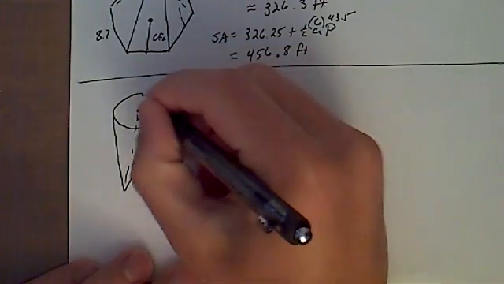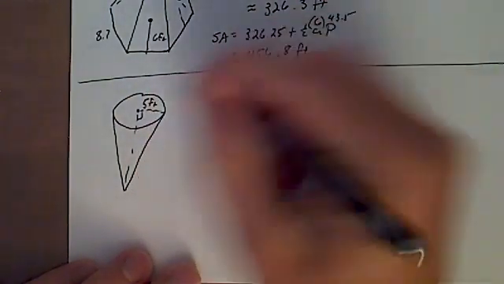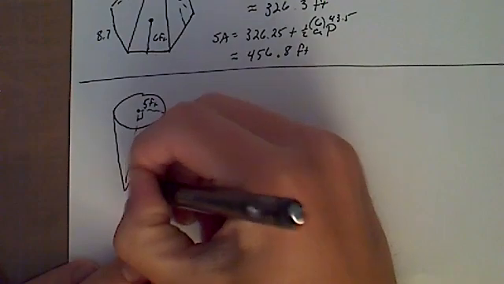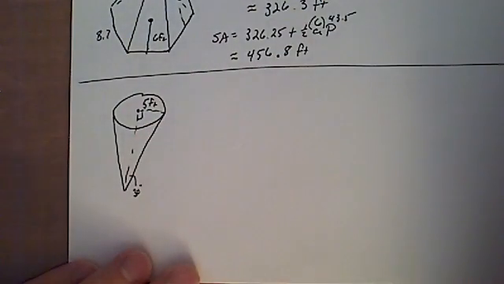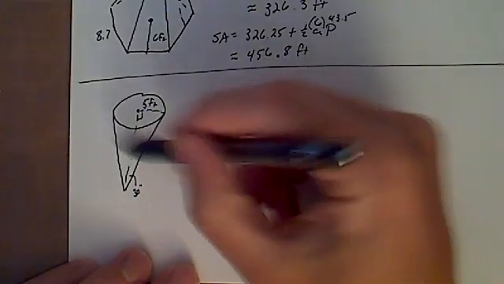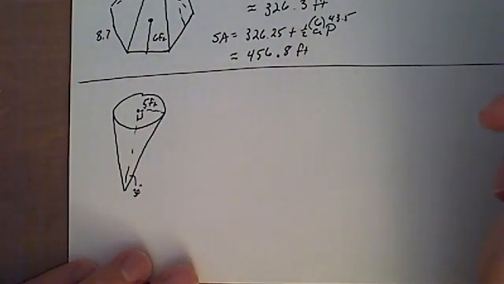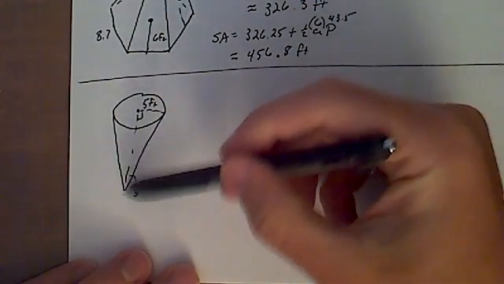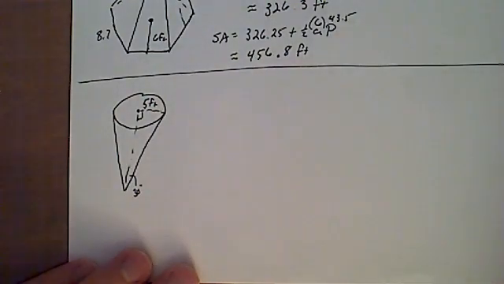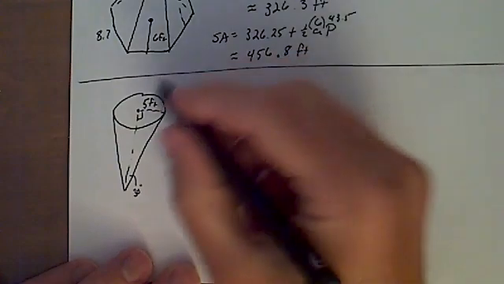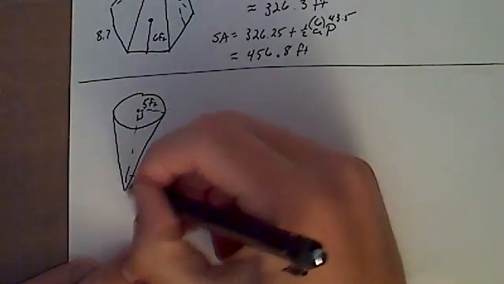It is a right cone, 5 feet, and it has a 30-degree angle down here. Right? So what else do we care about here? We care about the slant height when finding the surface area. If you're wondering why we would ever need the height, it's useful for us when we're trying to find volume, right? But we're trying to find the surface area here, right?